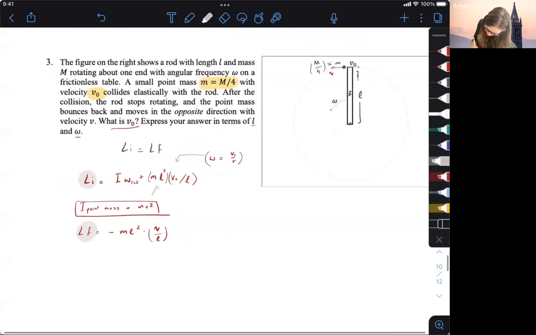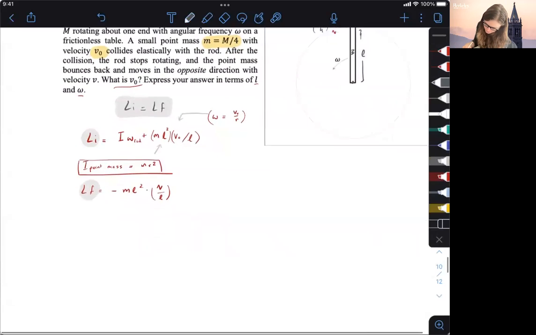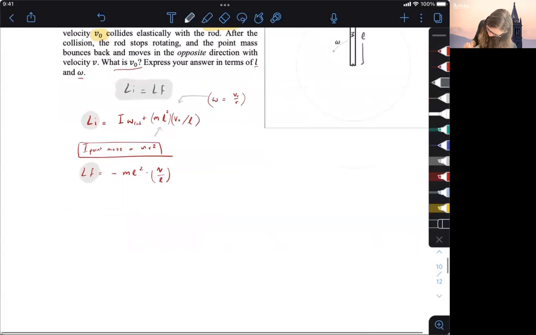So we're going to set our initial equal to our final here for conservation of momentum at this particular point, okay? So say Li equals Lf, I'm going to go ahead and do that. So I W times W rod. I'm just putting the subscripts to tell you what these belong to.